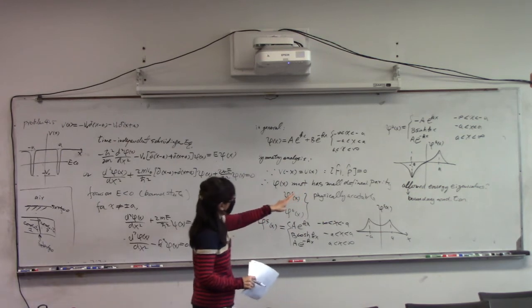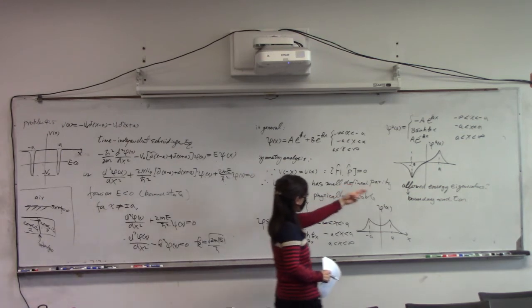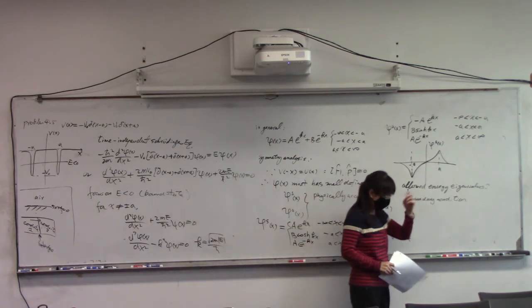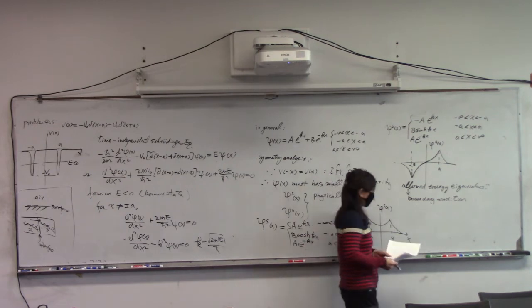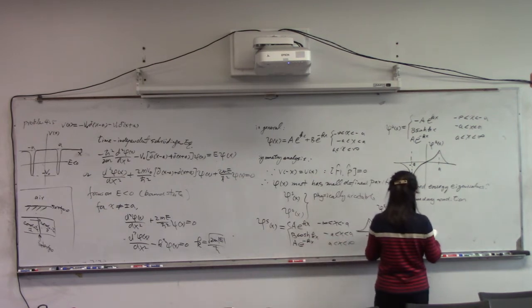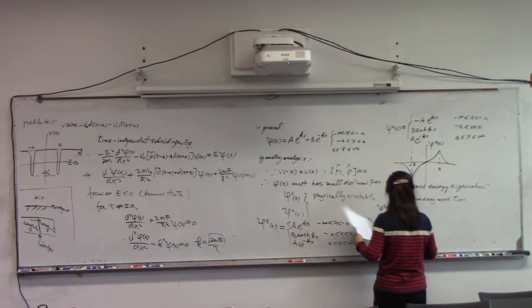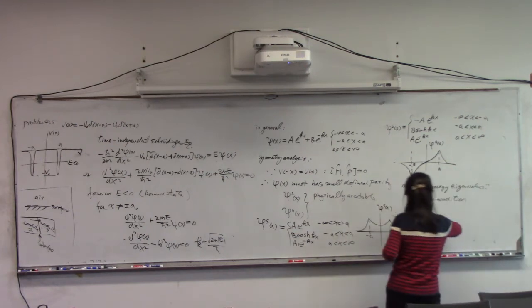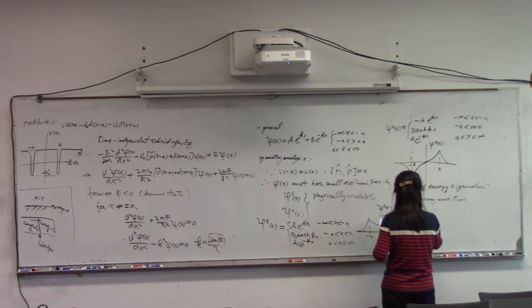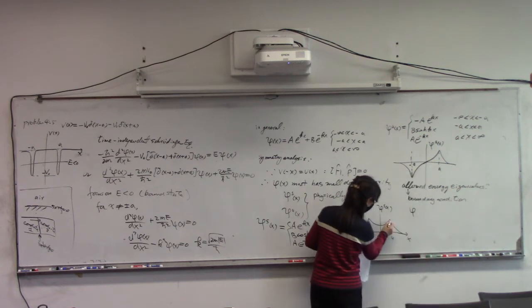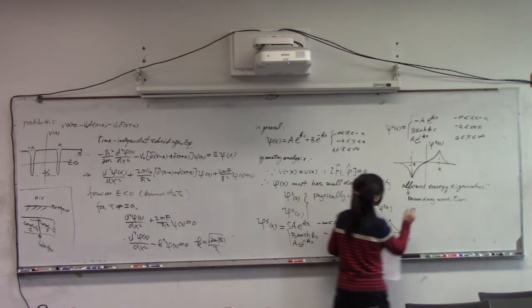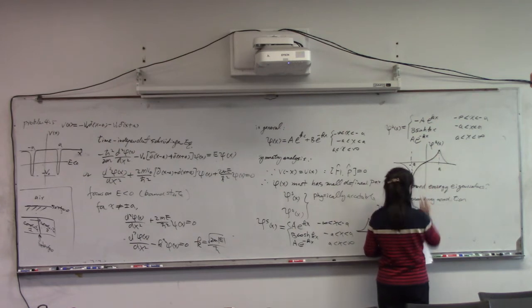First, the wave function must be continuous at minus a and plus a, and so must its derivative. So let's first consider the wave function continuity at this boundary. It is continuous, right? If we plot here, it is continuous here, and it is continuous here.